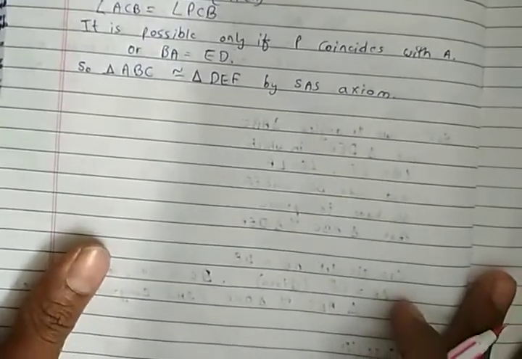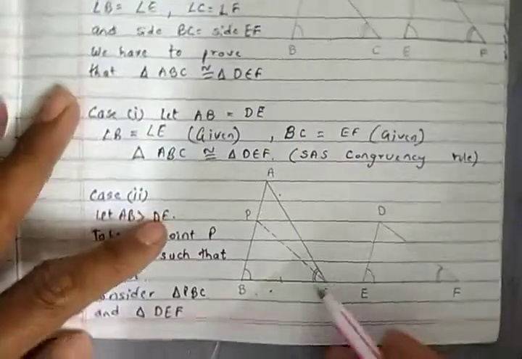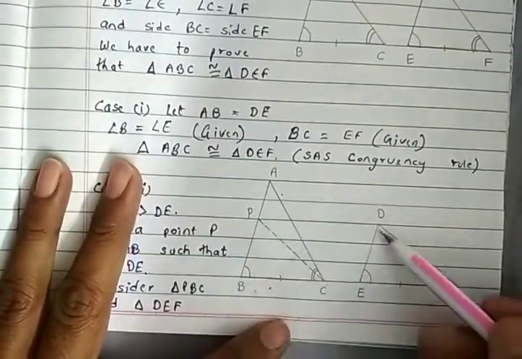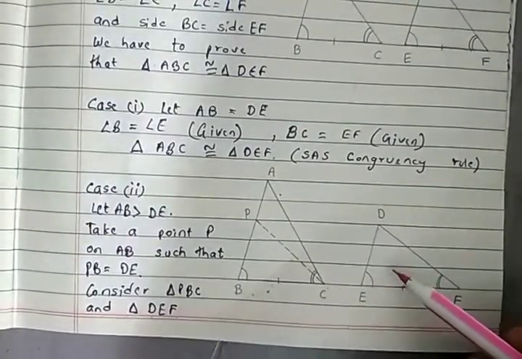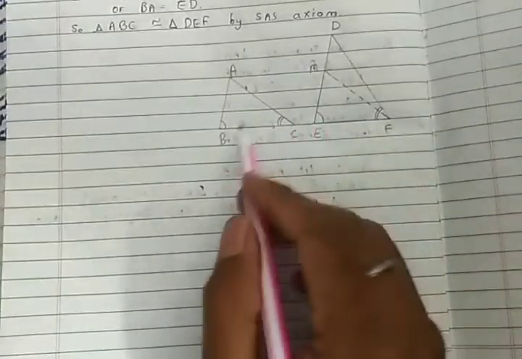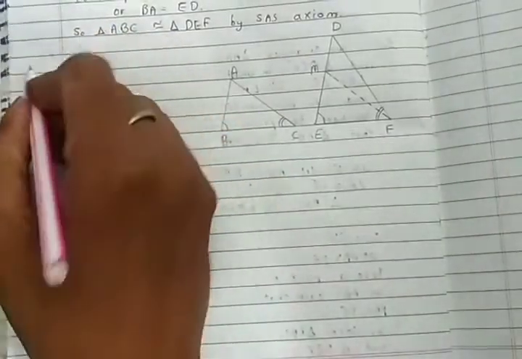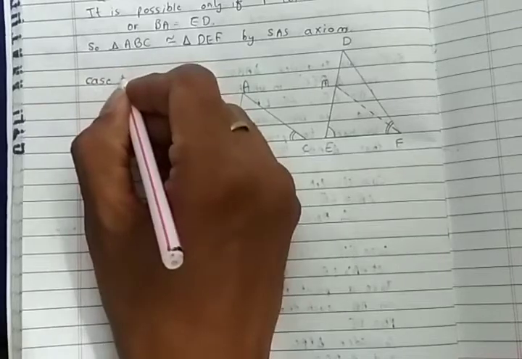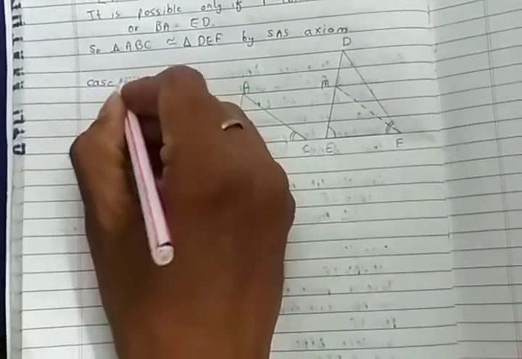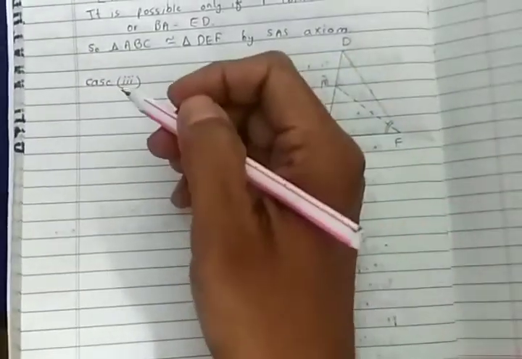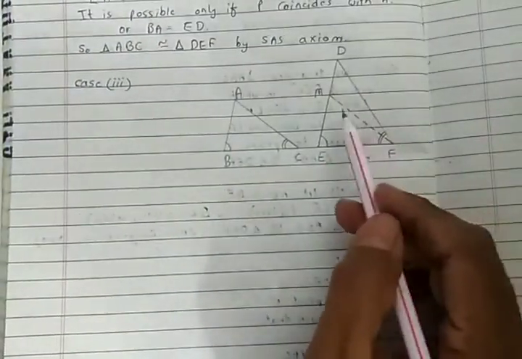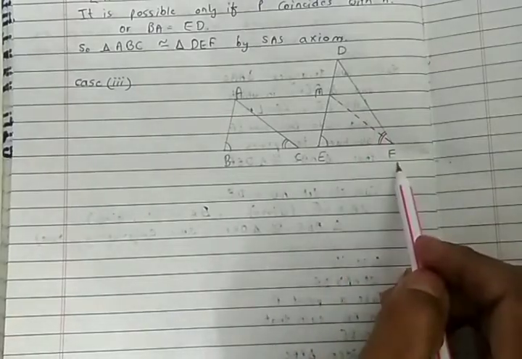Now let's see, there are total 3 cases. In the second case, we have considered that this is greater than this length. Okay. Now let's see about case 3. This is case 3. Now two triangles are given, triangle ABC, triangle DEF.